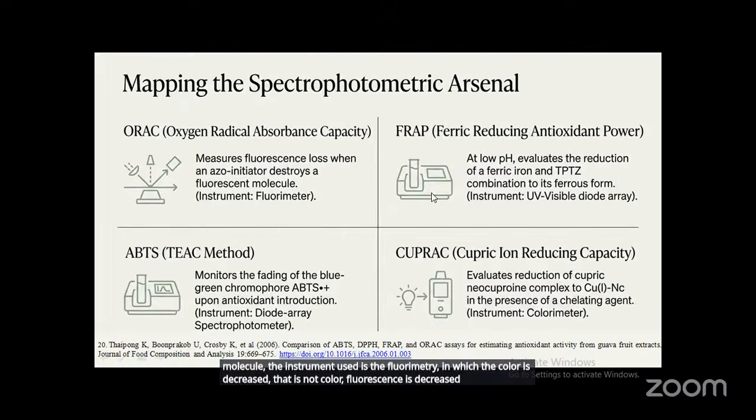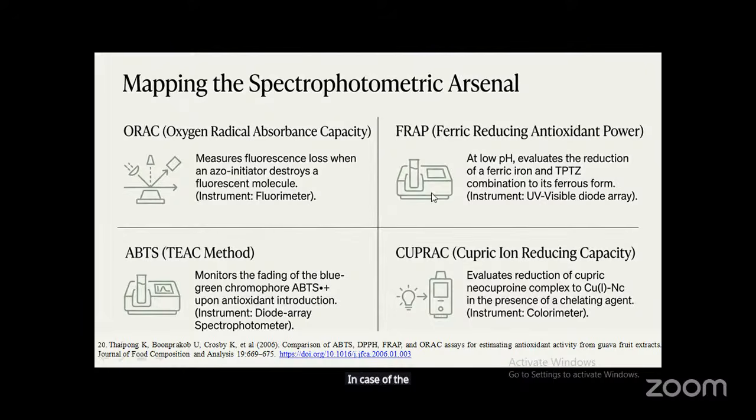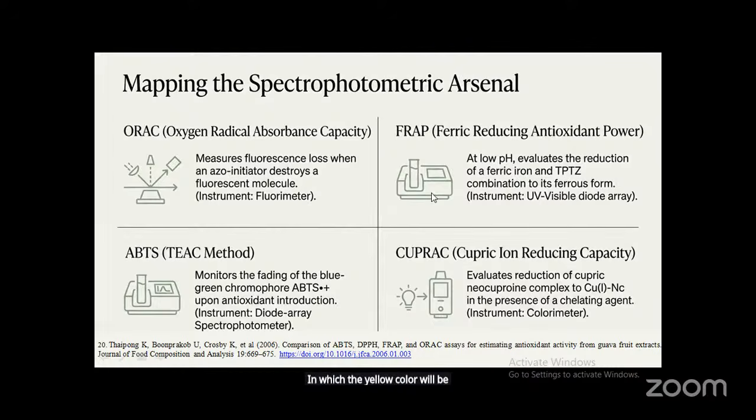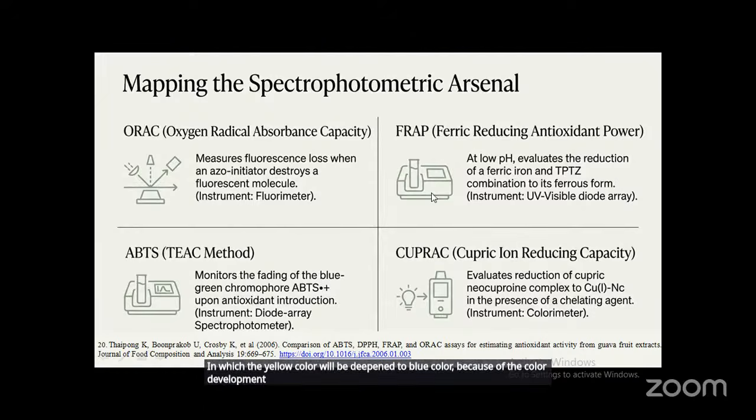That's why you want to use the fluorimeter. In case of the FRAP, ferric reducing antioxidant power, that will be carried out at low pH values, in which the yellow color will be deepened to blue color. Because of the color development, we want to use the UV-visible diode array detector.